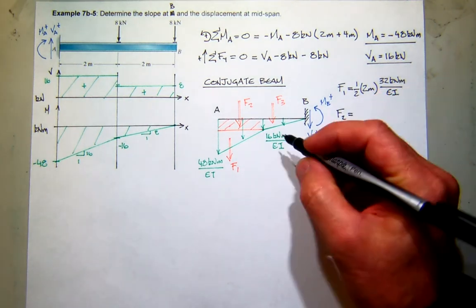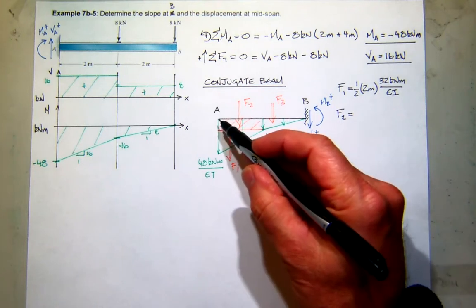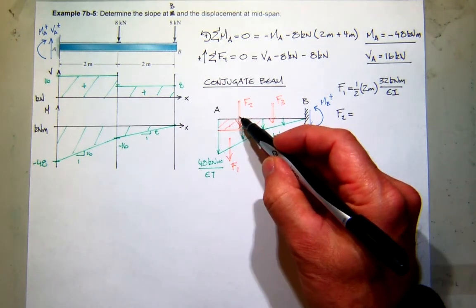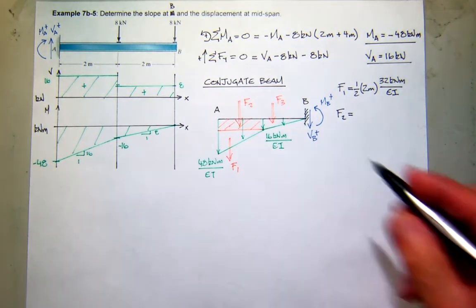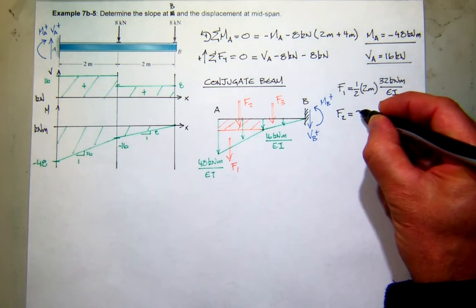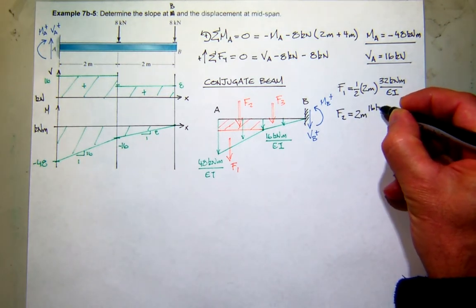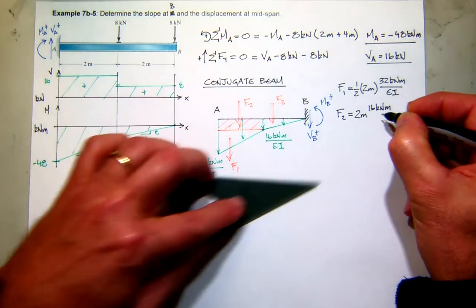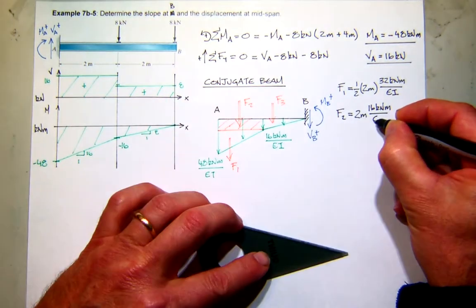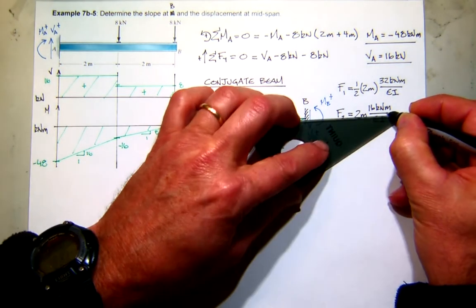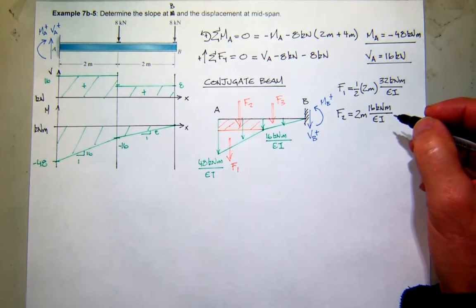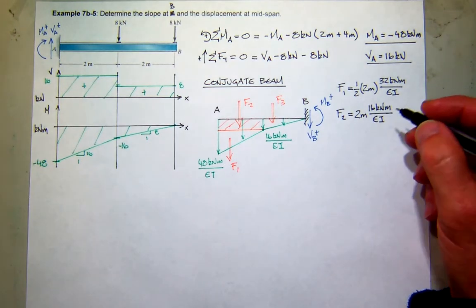F2 is what? Well, it's a rectangle, so it would be the base times the height. The base is 2 meters, and the height is 16. So that's 2 meters times 16 kilonewton meters divided by EI. That's also 32, conveniently.